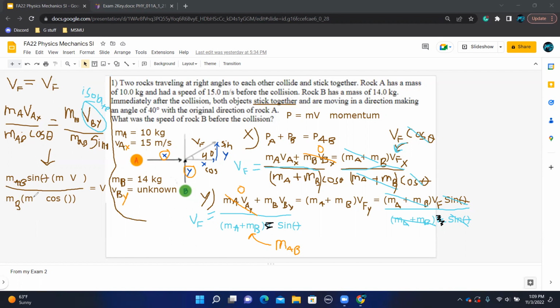This MAB cosine was already there, and then you already had your M A V A. That should go to M B V B Y. So we kind of just cancel this stuff out and multiply it over.